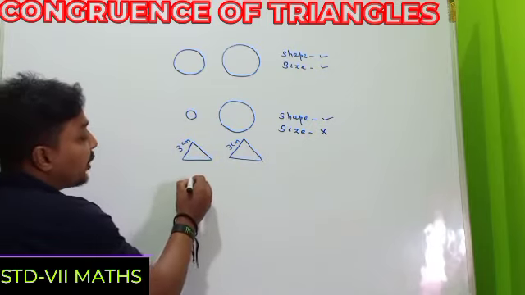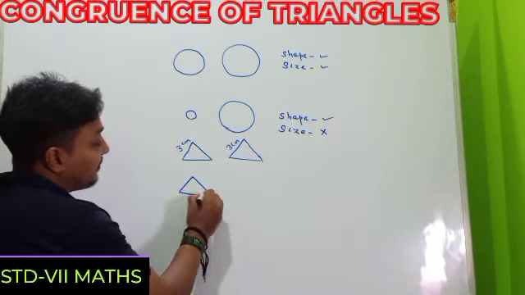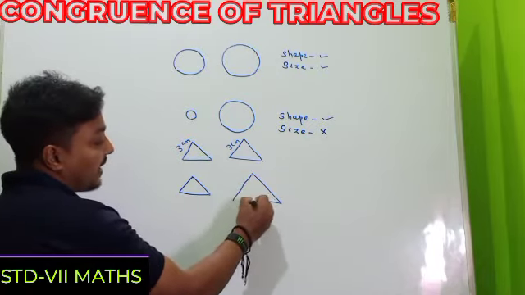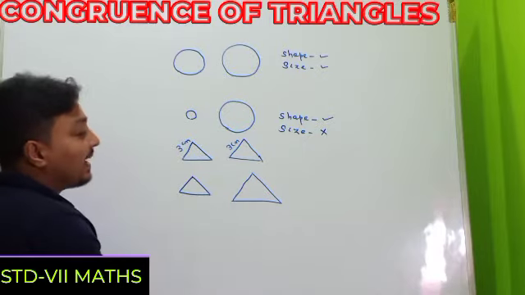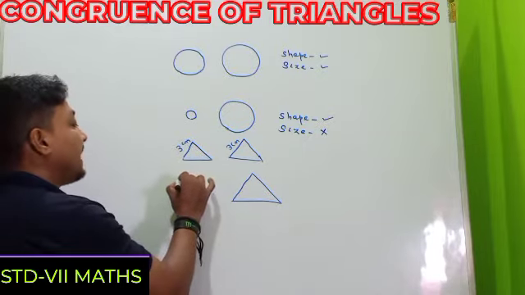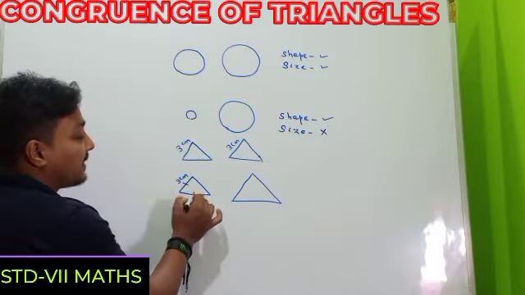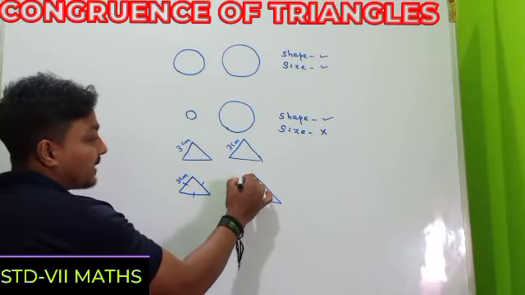And here I am drawing another pair of equilateral triangles. See carefully. Here the sides are 3 cm, 3 cm, 3 cm. But here each side is 4 cm.